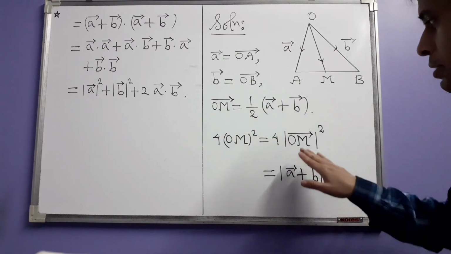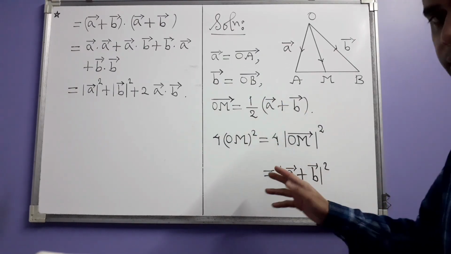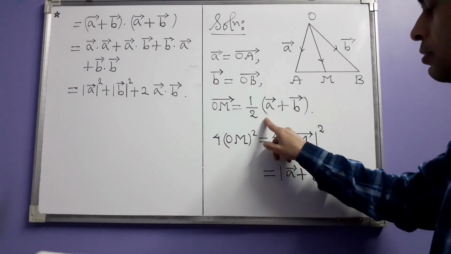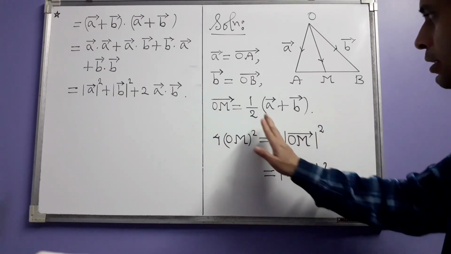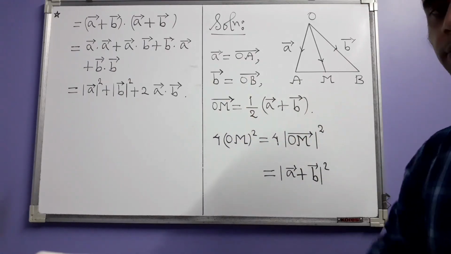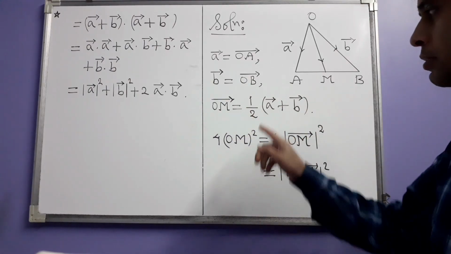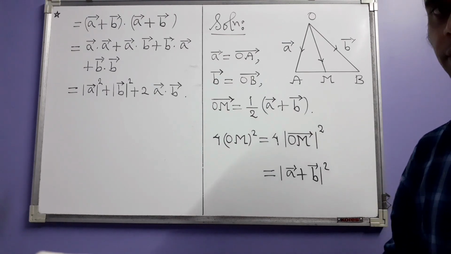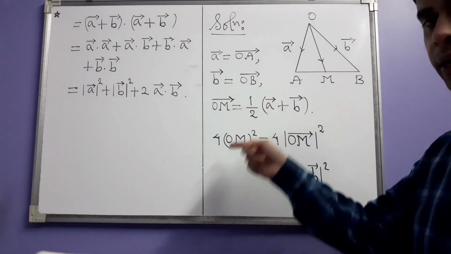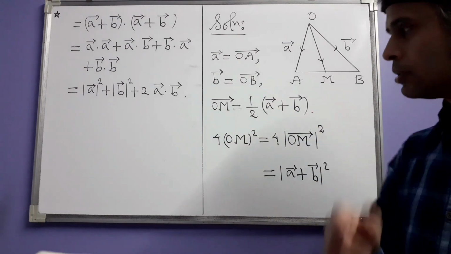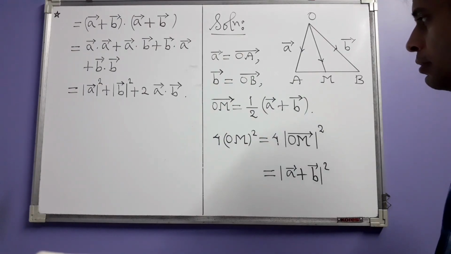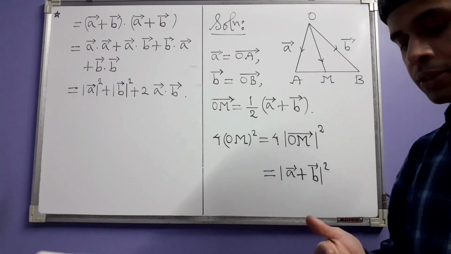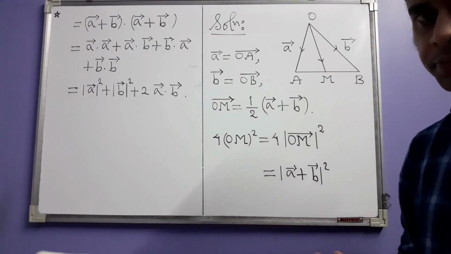Okay. There are some intermediate steps here that I did not write. The author also did not write. So you just think of the magnitude of this, which is itself a scalar multiple of a vector. The vector is A plus B and the scalar is 1 divided by 2. And now you go back and see the definition of scalar multiple of vectors.